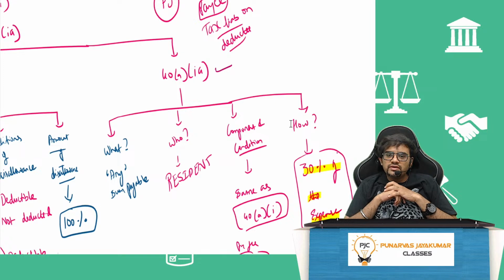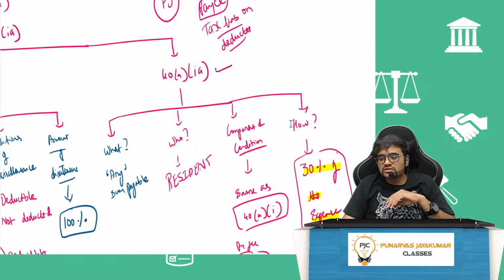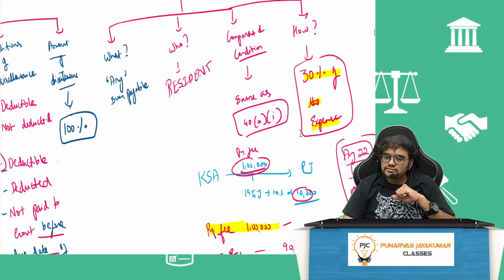They will not pay me 1 lakh, they have to pay me 1 lakh minus 10,000 TDS. They have by mistake transferred the full 1 lakh to me, and they have not done anything before the due date. So will it be disallowed for them? Yes. How much will be disallowed? 30%. 30% will be disallowed.